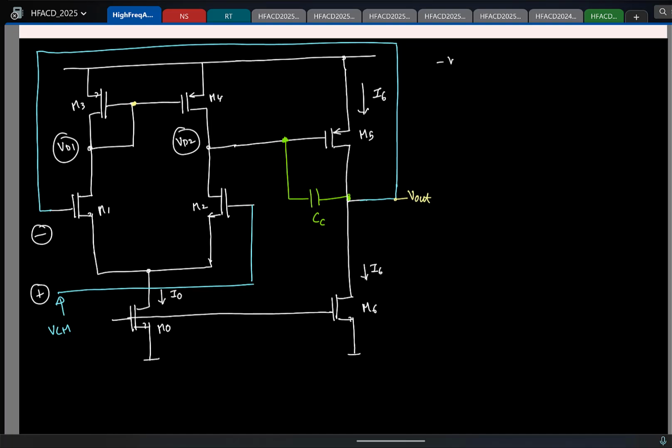Yeah, so I will say the negative feedback loop, it is setting VD2 to be what value? VDD minus VSG5 at a current of I6, so that is the voltage that will get set.